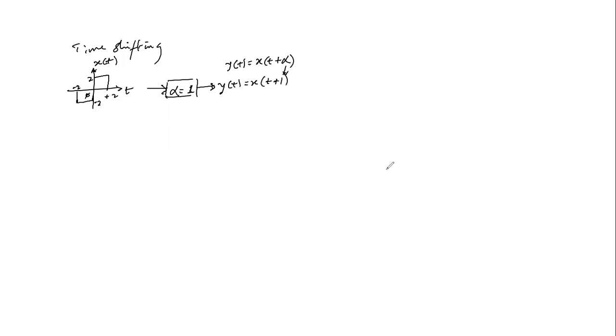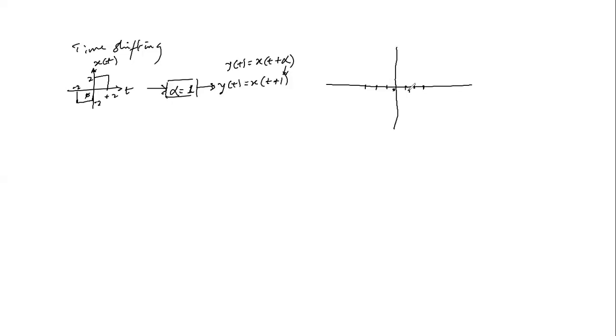Now, what's going on? How would the output look? So let us draw this out. Now we have the time scale. Let us grade it properly: 1, 2, 3, on and on. So in other words, this is the origin 0.